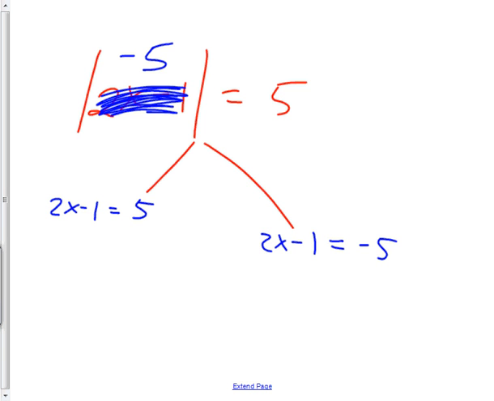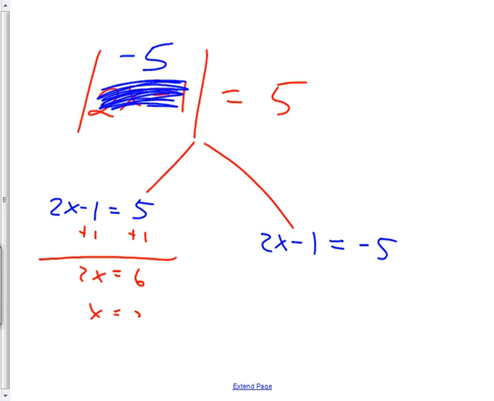So we're taking what's underneath the blue scribble, and we want to have it be -5 or 5. That's why we write it out like this. Then you add 1 to both sides, and you'd have 2x equals 6, x equals 3. And then over here, you'd add 1 to both sides, and you'd have 2x equals -4, x equals -2. All right, so it's got 2 answers.